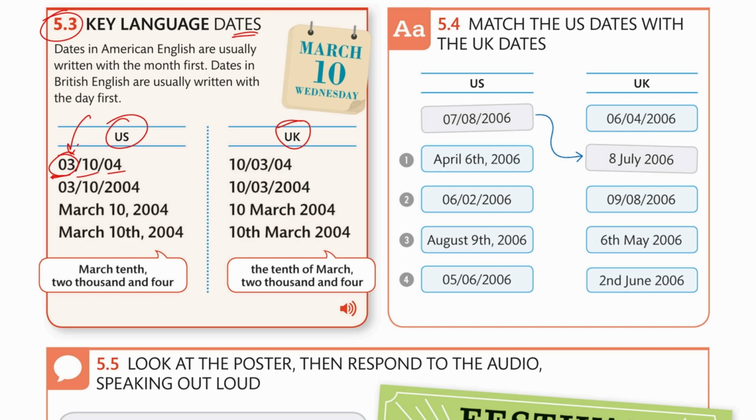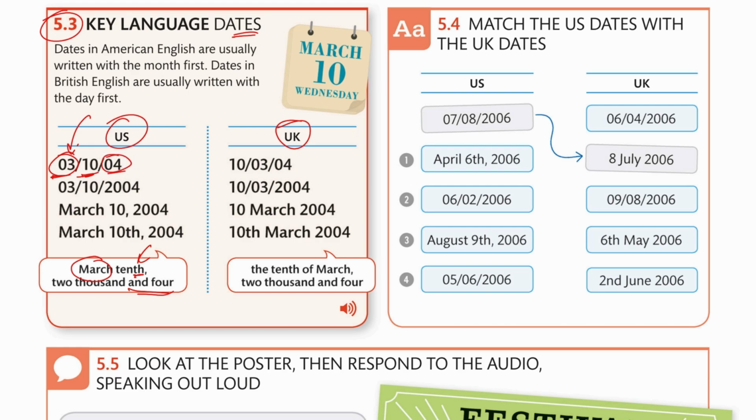So 03 is not the day, okay? It's the month. So we say March. And 10 right here is the day. So March 10th. 10th is an ordinal number, okay? It has a TH sound at the end. So March 10th, 2004.